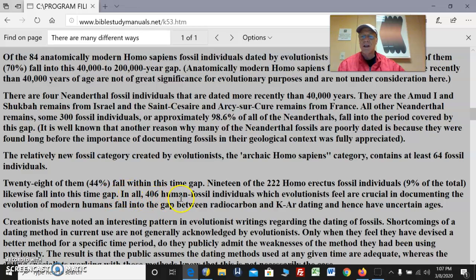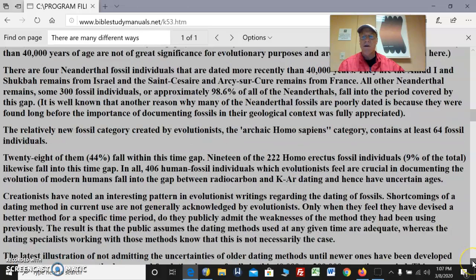In all, 406 human fossil individuals, which evolutionists feel are crucial in documenting the evolution of modern humans, fall into the gap between radiocarbon and potassium-argon dating and hence have uncertain ages.